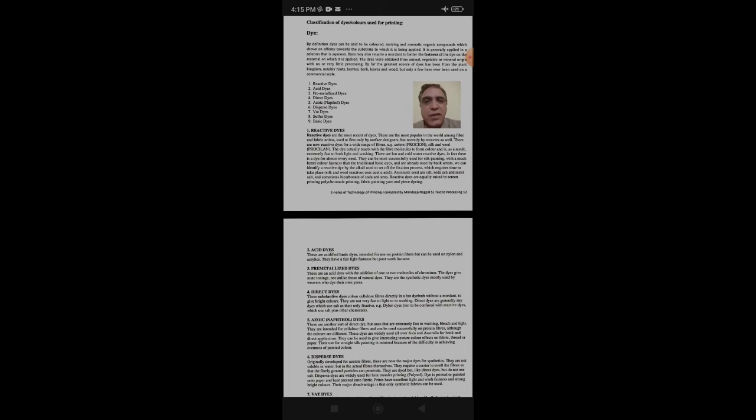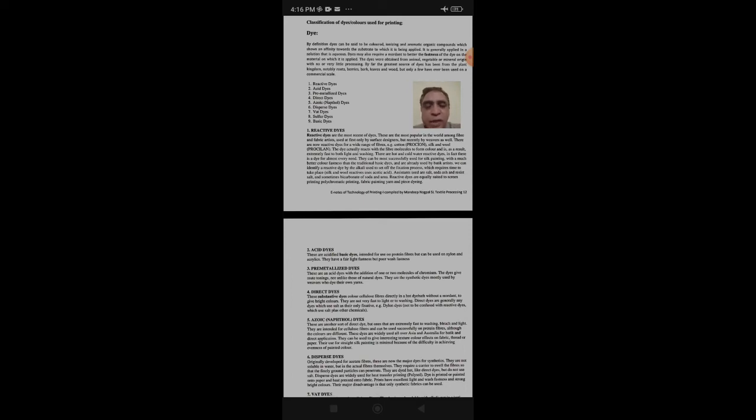There is a special property about these naphthol colors: whenever we require bright and dark shades, for example a tomato red color, which is a very dark and bright color. If we make that color in another class of dye like reactive dyes, it will be very costly. Shade percentage will be very high, and it will be very costly.